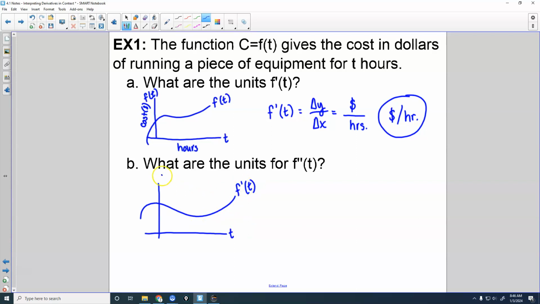This is f prime of t, which means this is still hours. And if we're talking about f prime, we were measuring f prime in dollars per hour. So that y-axis is in dollars per hour.